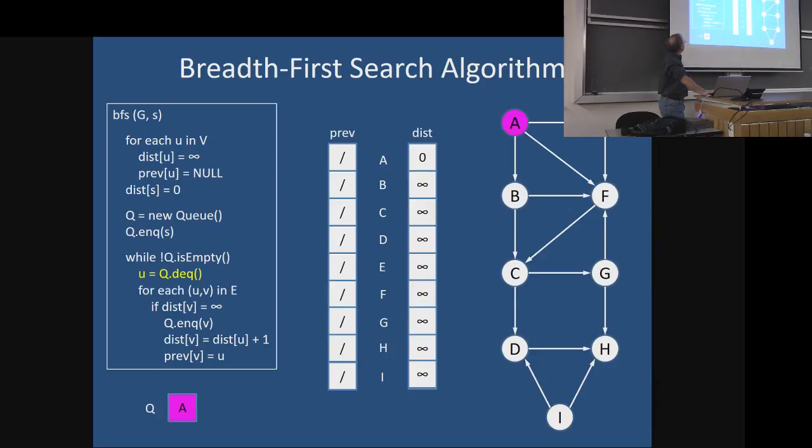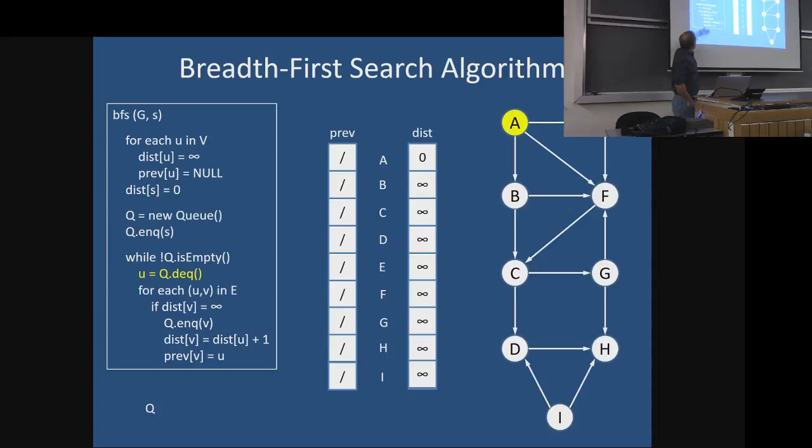So let's see. We pull something off the queue, so there's only one thing to pull off. It's that guy, and we color it yellow, meaning it's now been dealt with. We pulled A off the queue. What do we do? Right. We're looking at every edge out of U, every edge of the form UV, where U is the vertex we just pulled off.